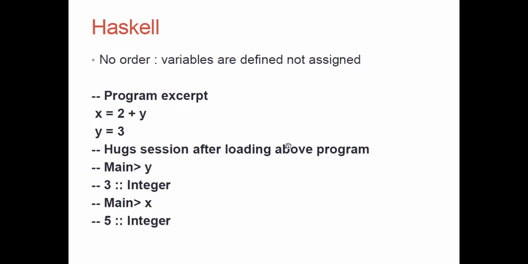So anytime y value is associated with y, like in this case 3, neither y nor x values change during the entire program lifetime. So in a Hugs environment for Haskell, anytime we say y, we get the result as 3 as integer. For x, 5 is defined to be integer.